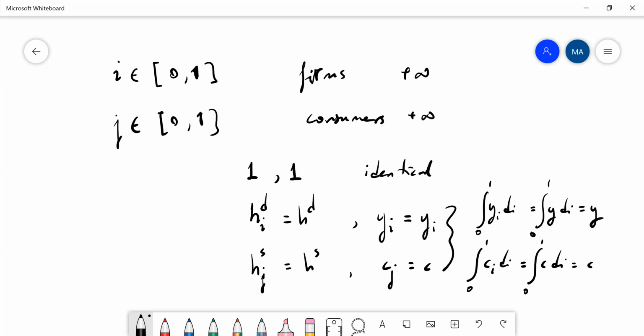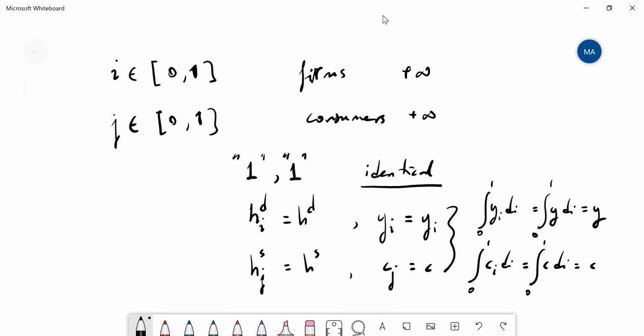So this is the trick I use to make this model perfectly competitive, but still have one consumer and one firm. Because even if there are infinite numbers of firms and consumers, I assume that they're identical. Since they're identical, the averages are equal to the aggregates. Okay, so that's a mathematical trick that we sometimes use in such frameworks.